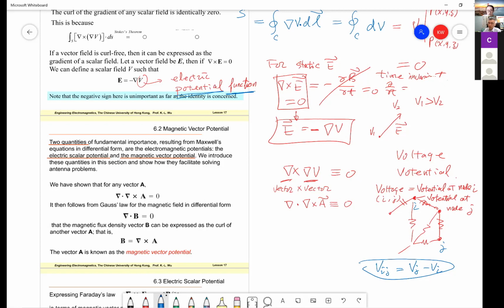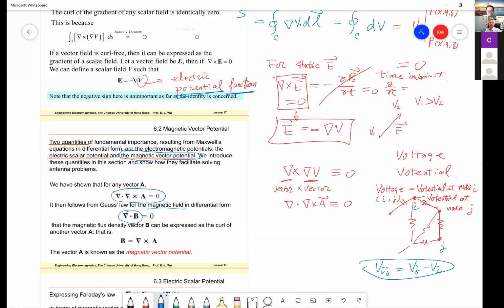The second potential function we call the magnetic vector potential function. It is a vector. The first function is a scalar, and this function is a vector. Why is it a vector function? We use this vector identity because for the magnetic field, no matter time varying or time invariant, its divergence is always equal to 0.